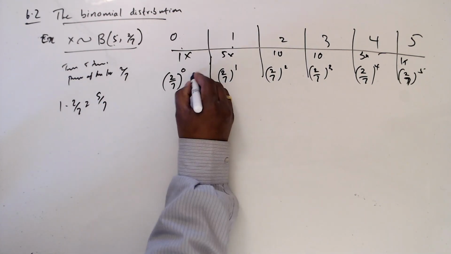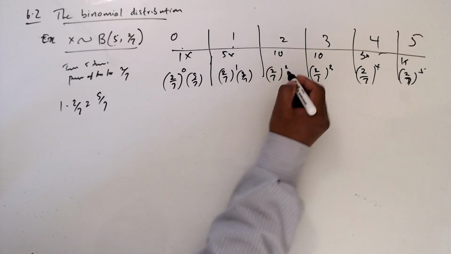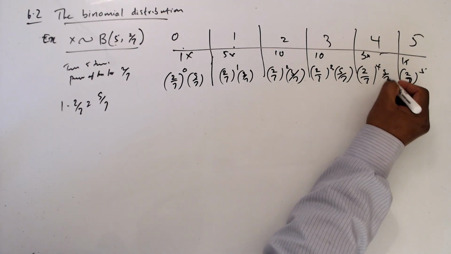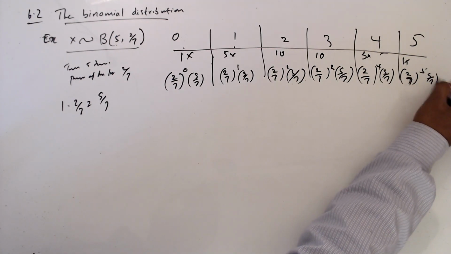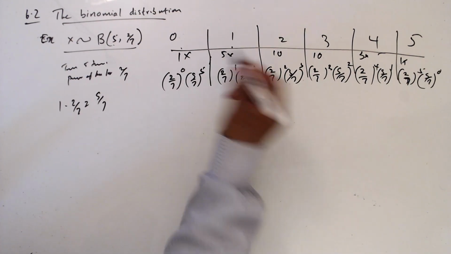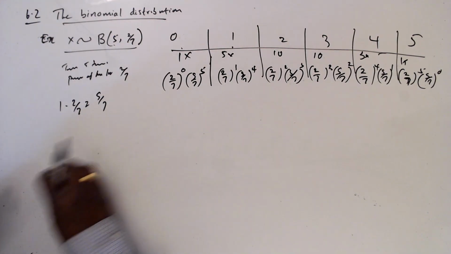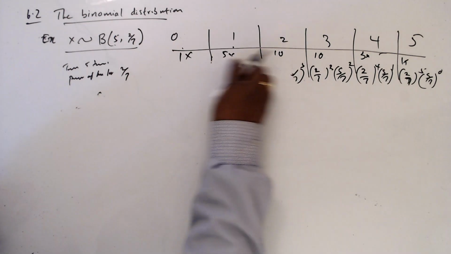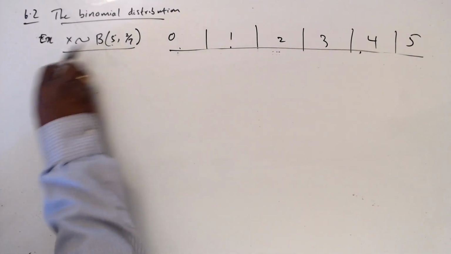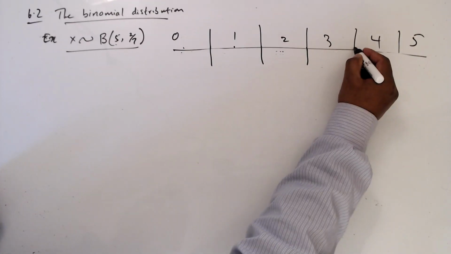It is 5 over 7, raised to 5, 4, 3, 2, 1, 0. Now we'll write this in the binomial probability mass function.